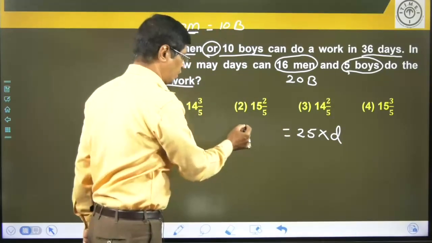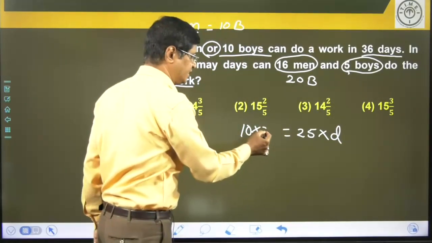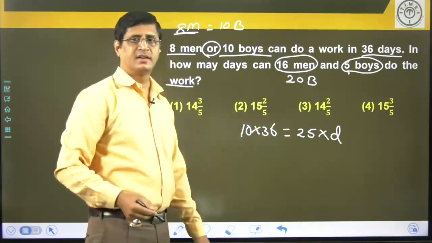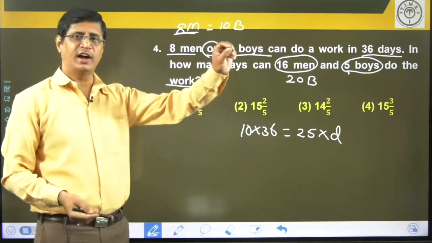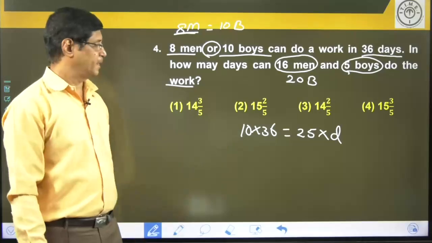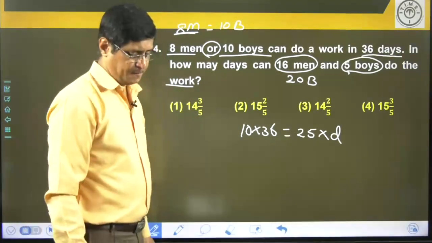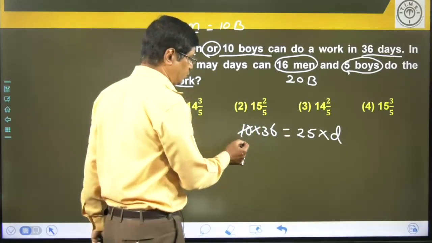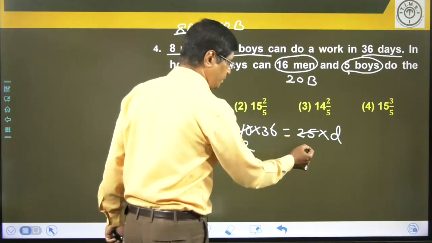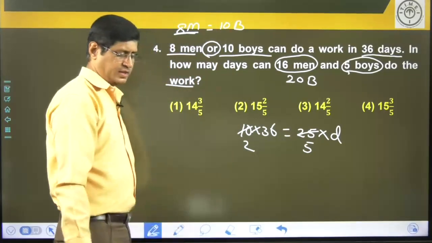When 10 boys can complete the work in 36 days. Yes, my dear students, please pause the video and simplify. You will get the answer. What is the cancellation? Simplify it. The cancellation: 5 twos, 5 times. What is the result?